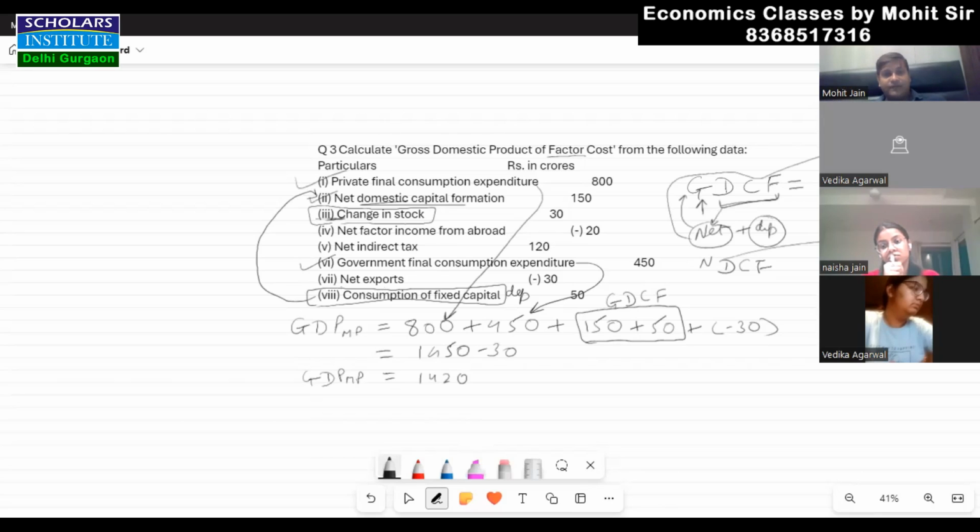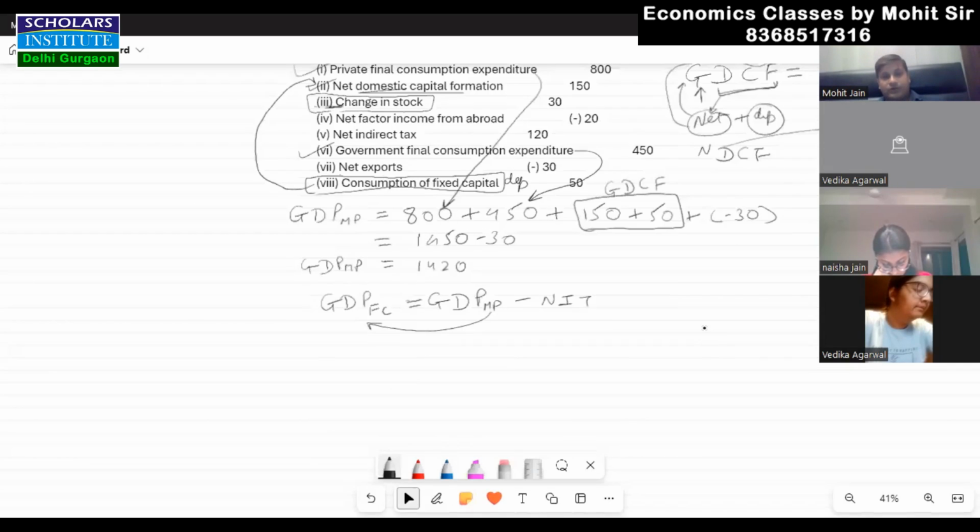GDP FC. So to get GDP FC from GDP MP, so gross is same, domestic is same, product is same. MP to FC we have to go. So you need to subtract net indirect taxes, NIT. Net indirect taxes.